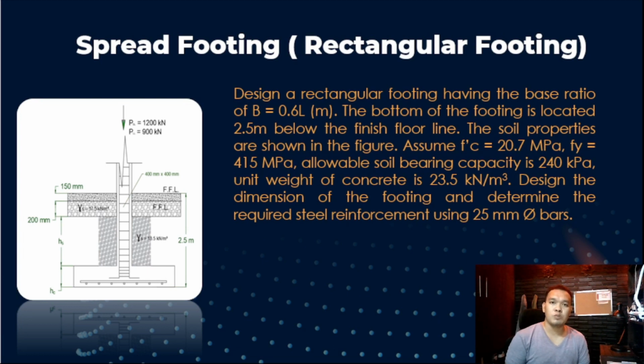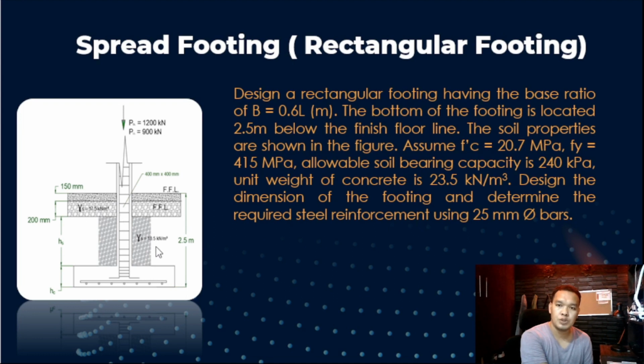Also, we assume that the concrete cover, which is not stated in the problem, is equivalent to 75. And as you can see in the figure, we have here the loads. We have here live load, which is 900 kilonewton, and the dead load, which is 1,200 kilonewton. We have also concrete thickness for flooring, which is 150, and we have also on-fill soil, which is 200 thickness with the unit weight, which is equivalent to 17.5 kilonewton per meter cube.